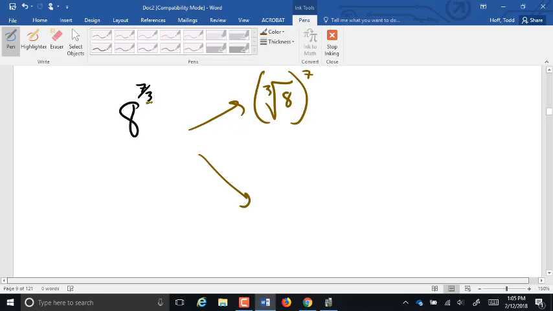The denominator in that fractional exponent is the root. The numerator is the power of the exponent. Or you can say it's 8 to the power of 7 and then take the third root of that. Either way, it's going to be 128. Make sense?